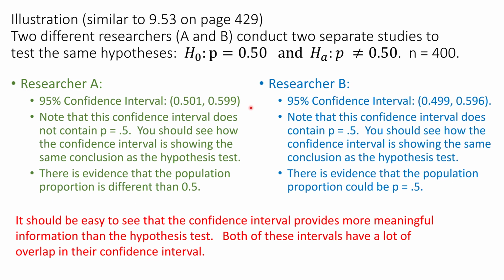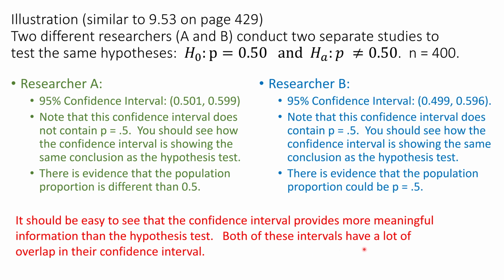However, if we look at the confidence interval for the data sets from research A and B, you will know that the confidence interval doesn't contain p equals 0.5. So you should see how the confidence interval shows the same conclusion as the hypothesis testing. However, it should be easy to see that the confidence interval provides more meaningful information than the hypothesis testing.